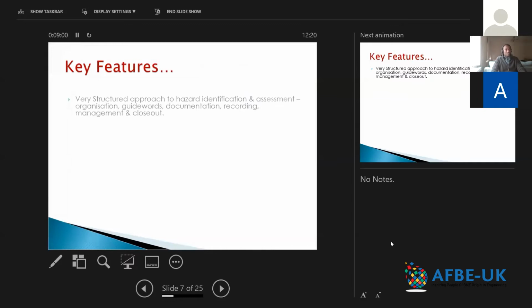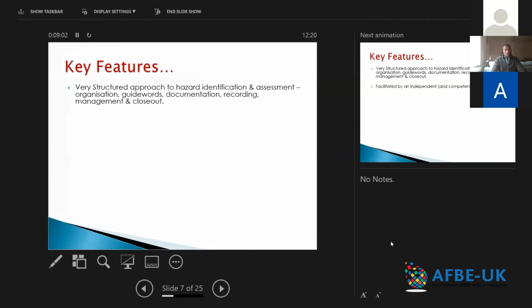What are the key features of a HAZOP? One of the first ones is that it's quite structured. Of all the risk assessment techniques, it's probably the most structured. In terms of the guide words, the documentation requirements, the recording, the management, and the closeout, it's very structured. So the guide words are fixed.